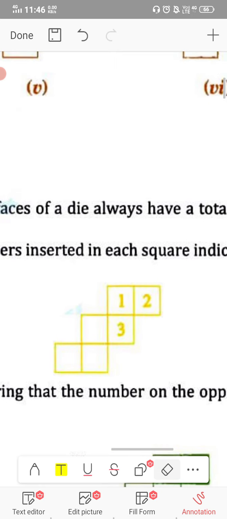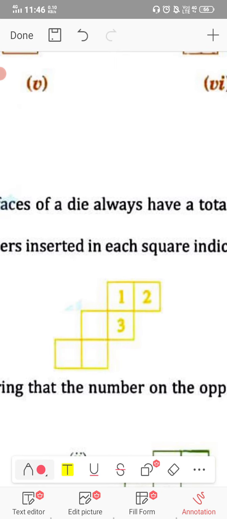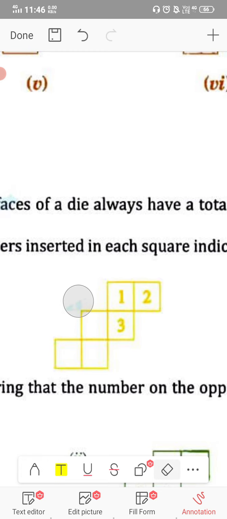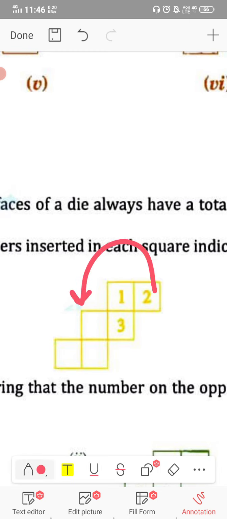Here you have to firstly find the opposite side of the given numbers. So for 2, the opposite side is this part, because with 2 we are having 1, and after 1 we are having this space. So this is the opposite side of 2, and for 3 the opposite side is this.